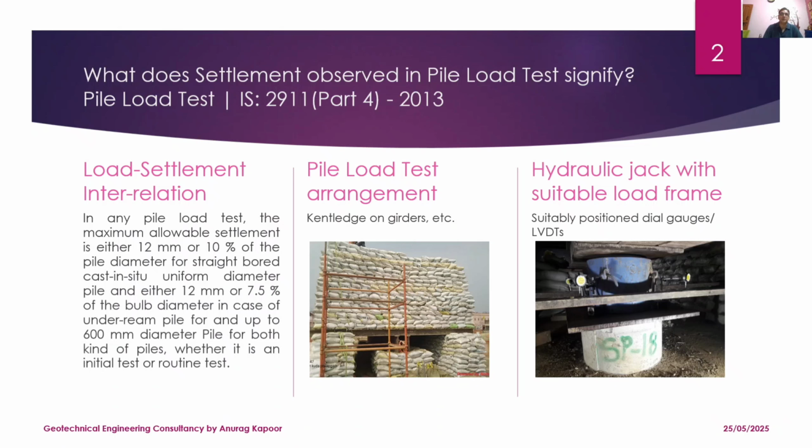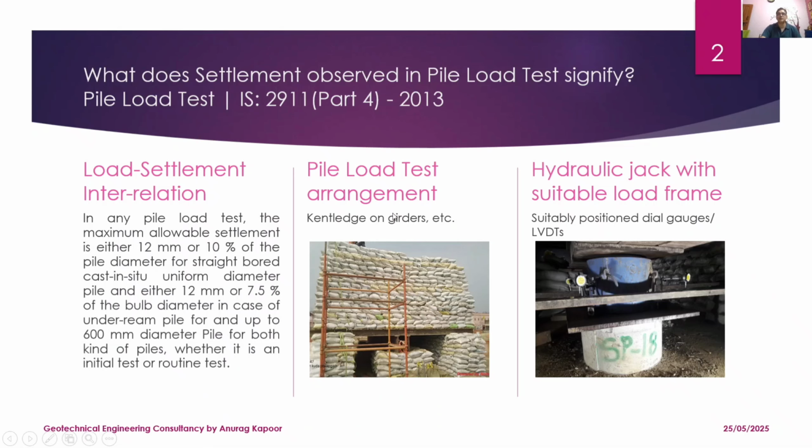In any pile load test, the maximum allowable settlement is either 12 mm or 10% of the pile diameter for a straight bored cast in situ uniform diameter pile, and it is either 12 mm or 7.5% of the bulb diameter in case of underream pile for up to 600 mm diameter piles, as prescribed and defined in this Indian Standard Code, for both kinds of piles, whether it is an initial test or routine test.